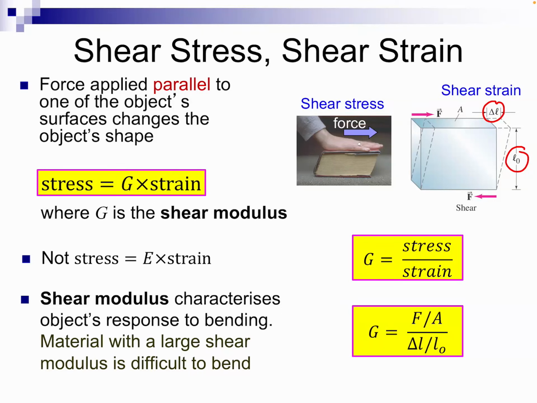But the strategy for solving for the shear stress or shear strain of the object is the same strategy that we've used in calculating compressive and tensile stresses and strains in the previous examples.